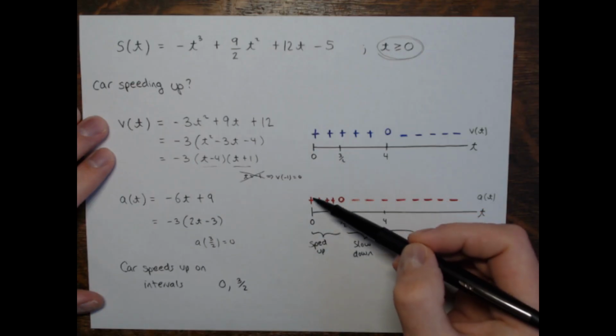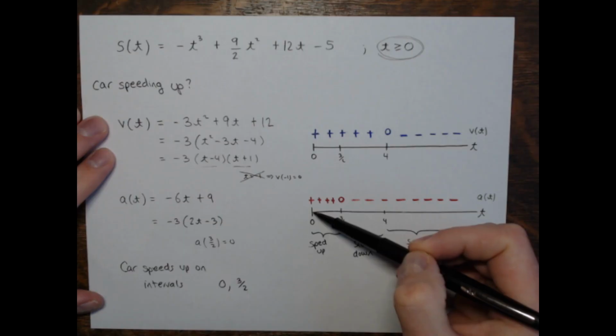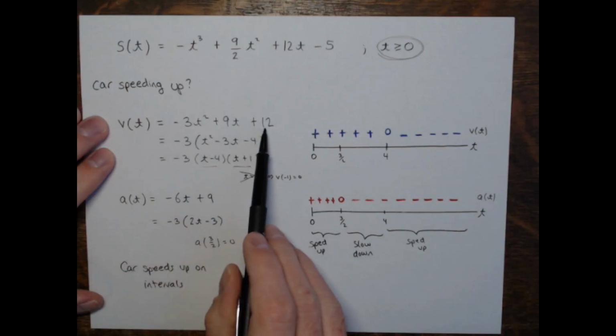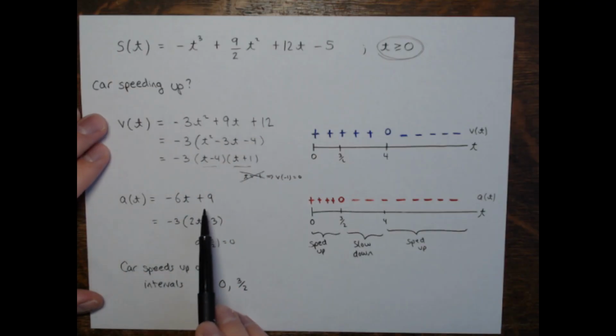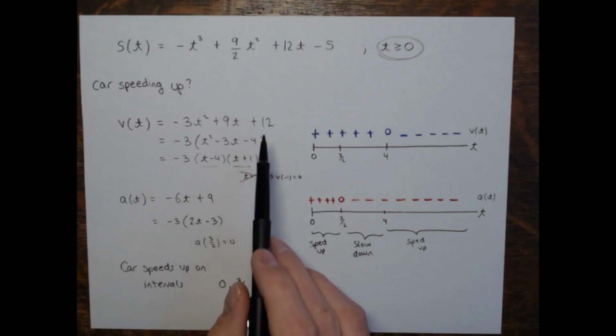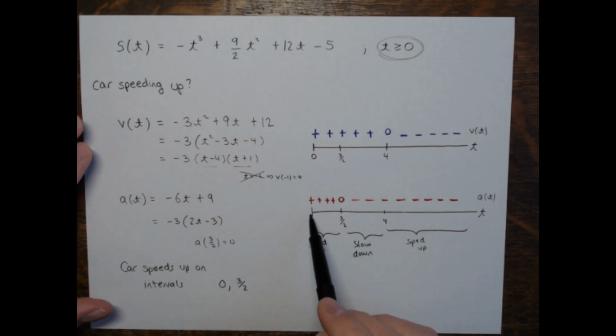Now at 0, this time I'll use a bracket, because at 0, velocity would be +12 and the acceleration would be +9 meters per second squared, and velocity is +12 meters per second. They're both positive at time 0.